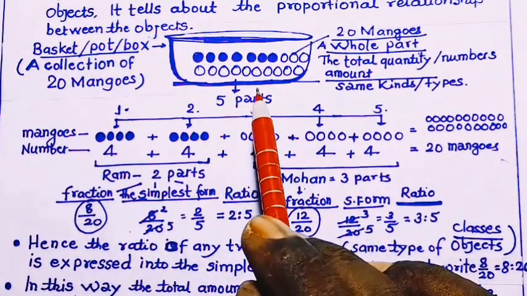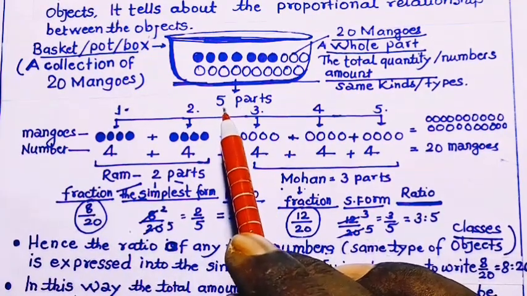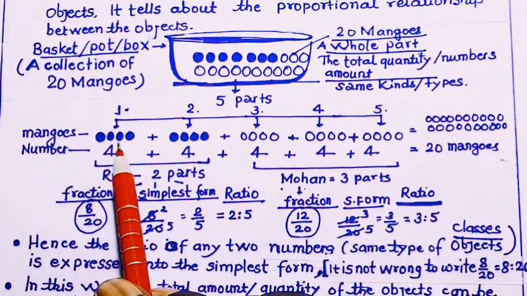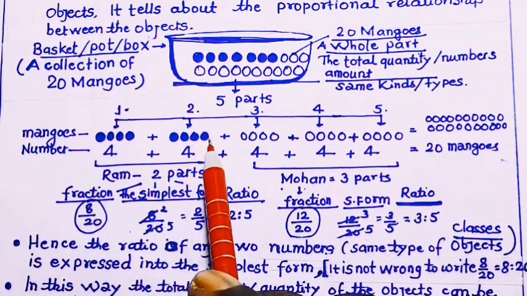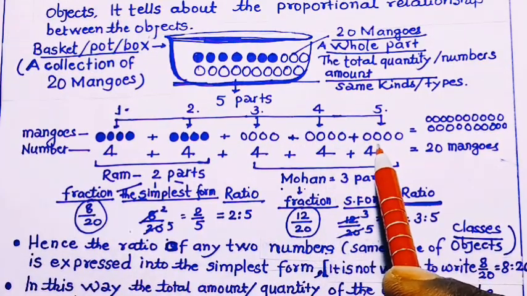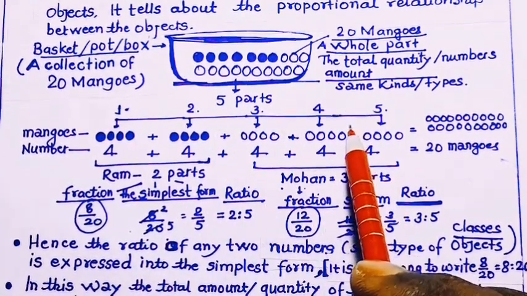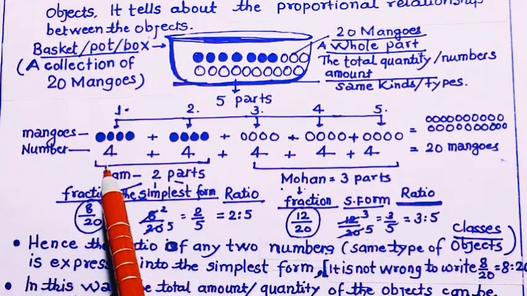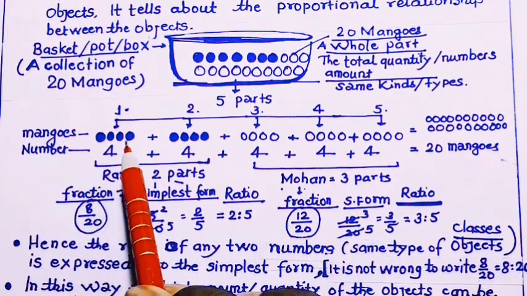When all these 20 mangoes are divided into 5 parts, then one part will have 4 mangoes, and the second part will also have 4 mangoes, and in this way it means that all the parts will have 4 mangoes. The number of objects is written here: 4 mangoes.